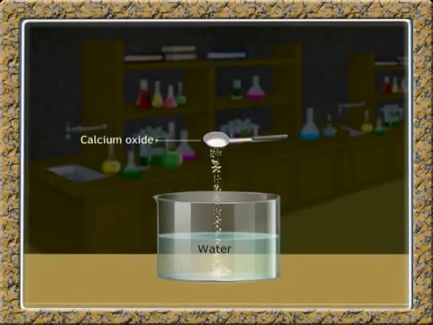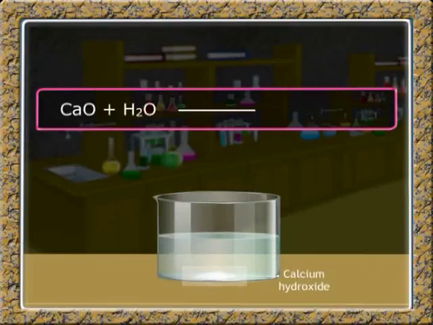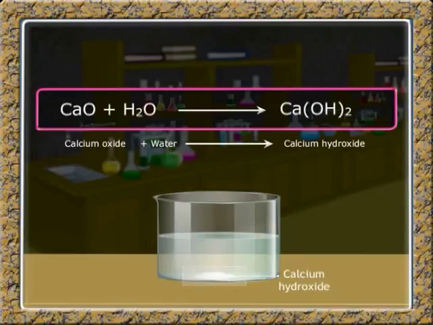In this manner, we can also prepare calcium hydroxide and zinc hydroxide by dissolving corresponding oxides in water. Calcium oxide reacts with water to give calcium hydroxide, that is CaO plus H2O gives Ca(OH)2.